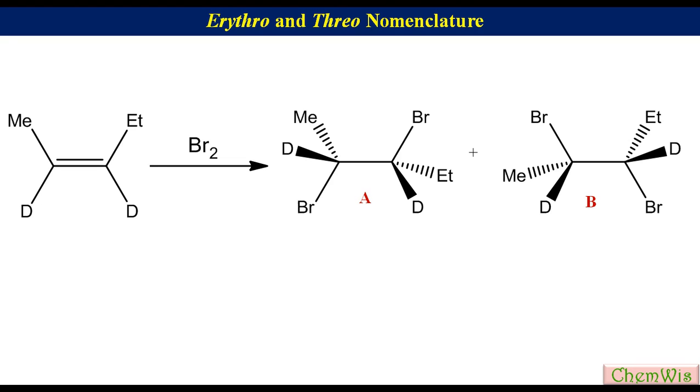So, these are threo isomers. If we rotate structure B 180 degrees in the plane, we can see that A and B are enantiomers. So, we can say that A and B are threo enantiomers.